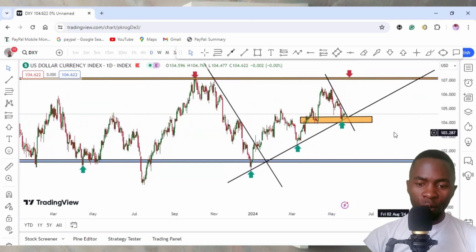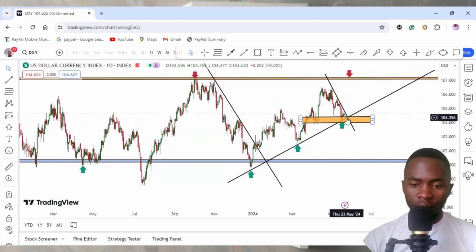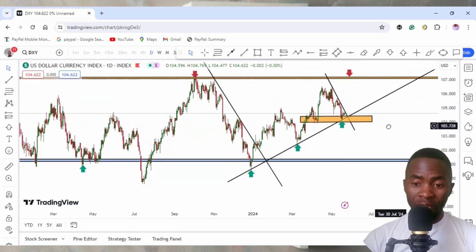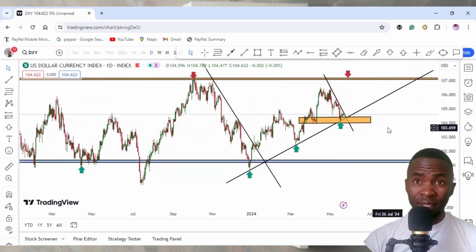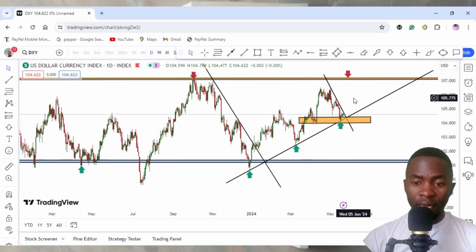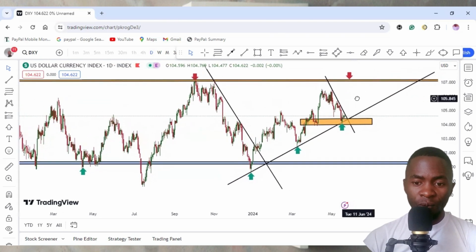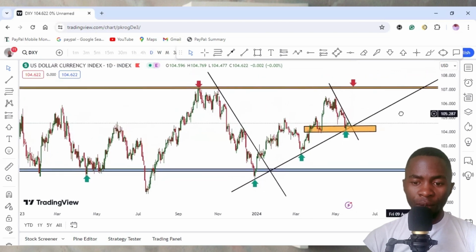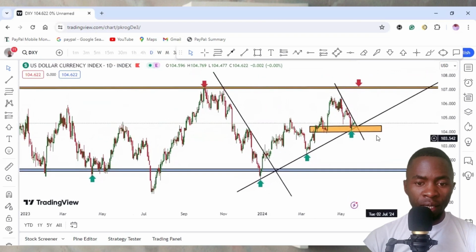So you can see clearly that we have a level here and also a trend line here. So we have two confluences that show us that the market is respecting this level that we are currently in.